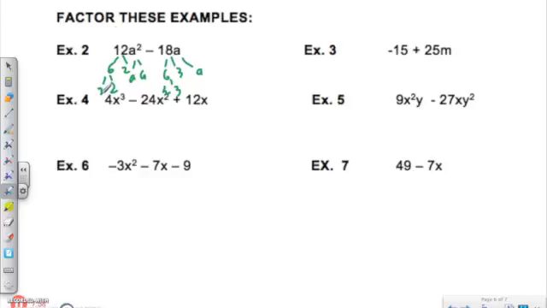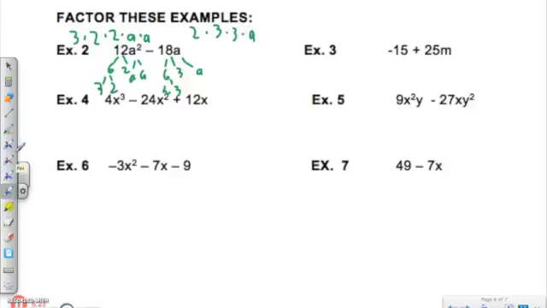So if I write out my factors so that it's a little bit easier to read, for my 12a squared, I had 3 times 2 times 2 times a times a. And for my 18a, I'm going to have a 2, a 3, a 3, and an a.